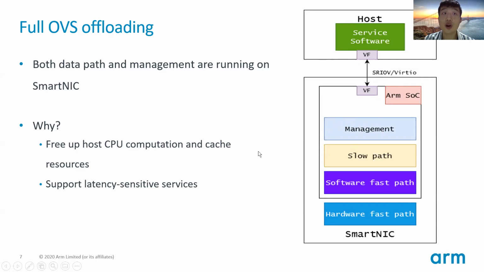Why do we need full OVS offloading? Because the computation resources on the host are expensive. Full OVS offloading can free up host CPU computation and cache resources, and it supports latency-sensitive services.